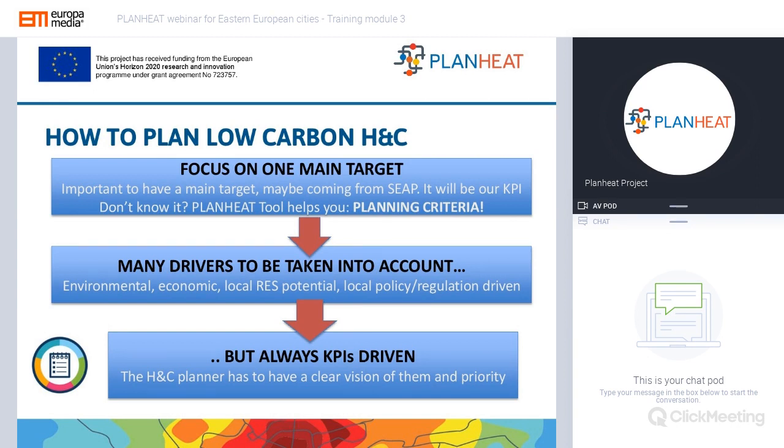As you are probably aware, many drivers will need to be taken into account, like environmental, economic, local renewable energy source potential, and any other policy or regulation driven issues. But we should always keep in mind that it is key performance indicator driven. So the planner in PLANHEAT has to have a clear vision of that.